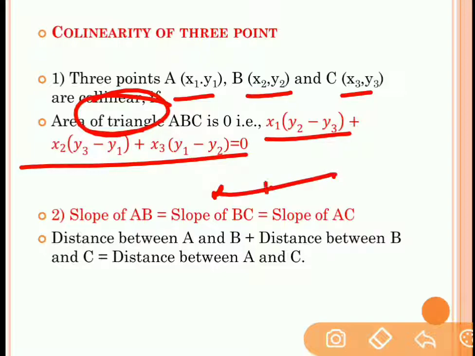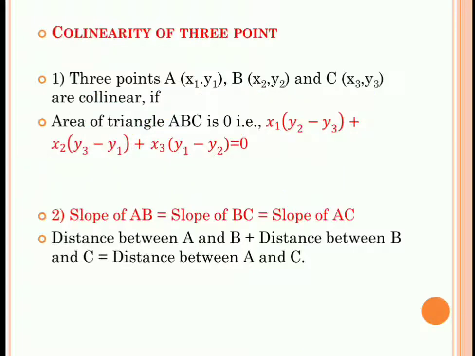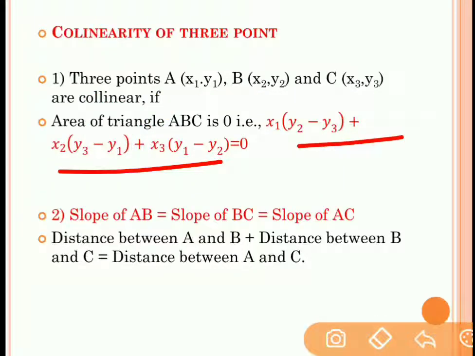Collinear means these 3 points A, B and C are in the same line. So to check the collinearity of the 3 points, we have to check that the area of the triangle should be equal to 0. If the area of the triangle is equal to 0 with the help of this given formula, then you can say that these 3 points are collinear and they are in the same line. It means there is no triangle formation with the help of these 3 points.